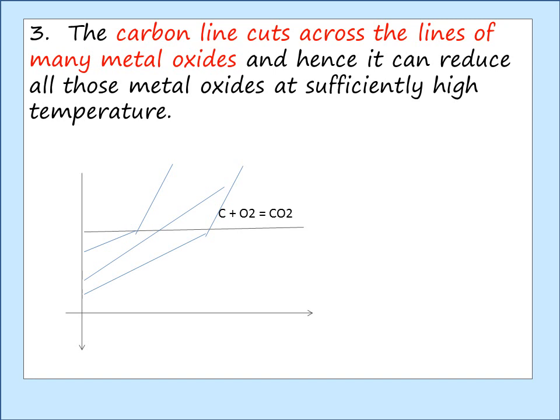That means as the temperature increases, the delta G value for all other metal oxides keeps on increasing and becomes less negative. But if you see the carbon line, it can cut almost all other metal oxide lines, which means at high temperature, carbon is capable of reducing all the metal oxides. At high temperature, carbon can be used to reduce almost all the metal oxides to metal.